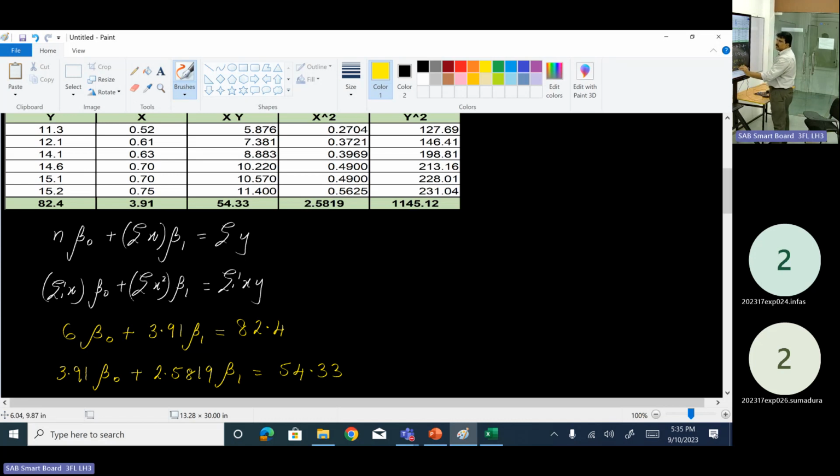Two equations, two unknowns, and get the values of beta naught and beta 1. Normal equations. Then you substitute the corresponding values and get your beta naught and beta 1.